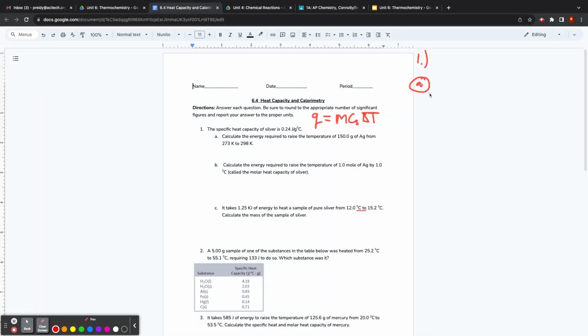All right, so let's get into A. A is asking us to find the heat, right? So we're looking for heat here. That's a pretty easy thing to do, because all we have to do is plug and chug.